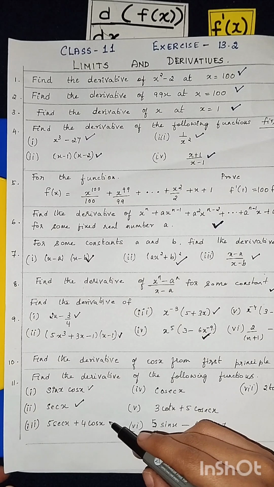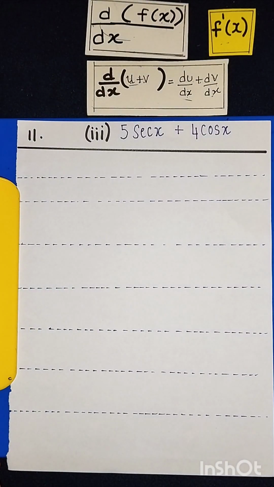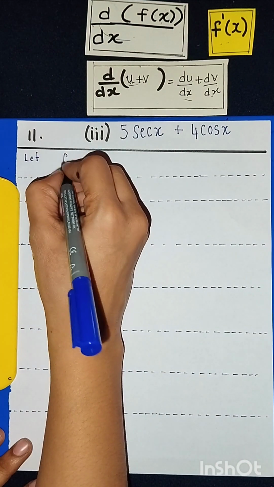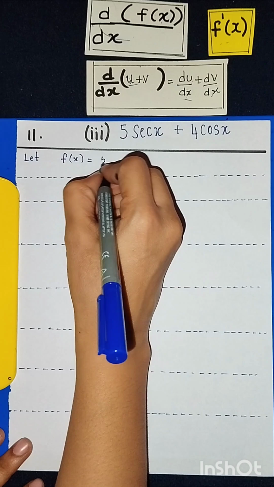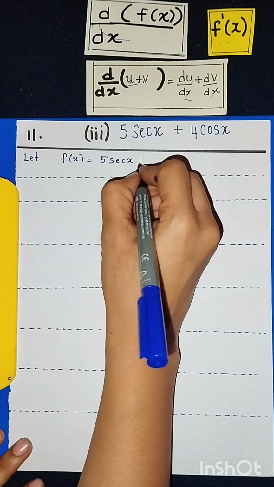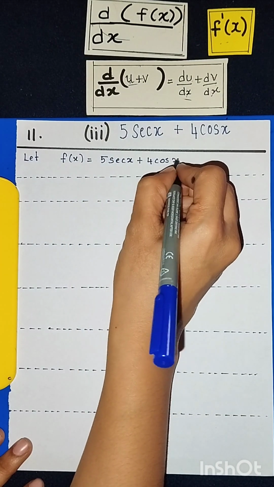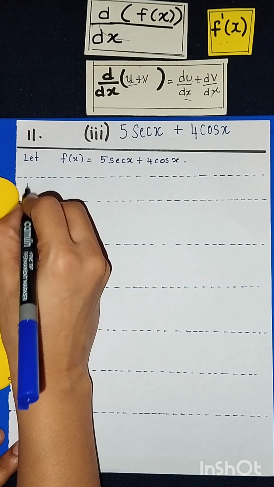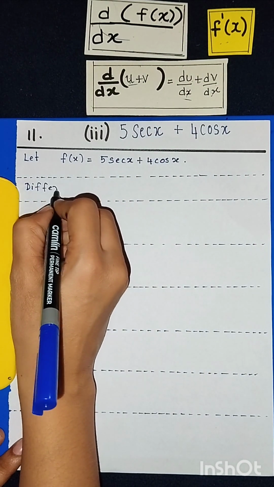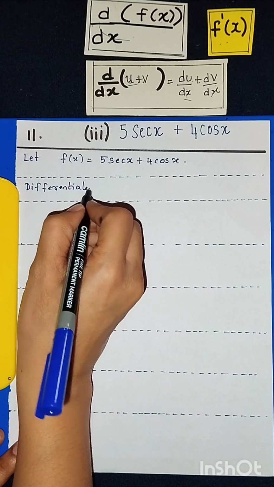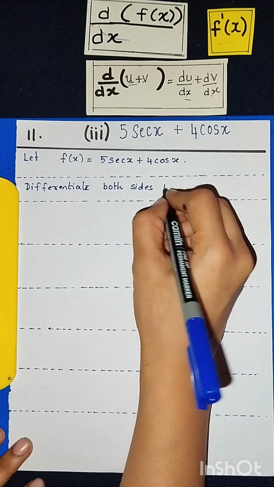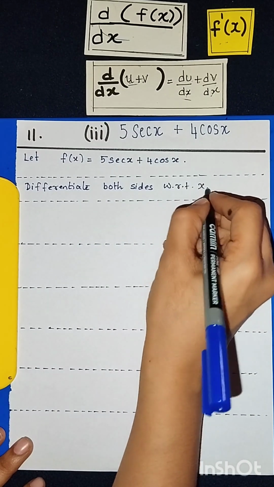Now let us solve the third sub question, 5 secant x plus 4 cos x. So let us label, let f of x is equal to 5 secant x plus 4 cos x. Right, so we have to find f dash of x. So we will differentiate both sides with respect to x.